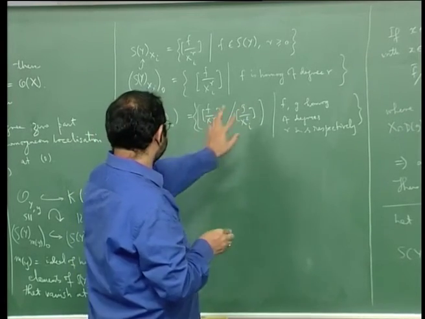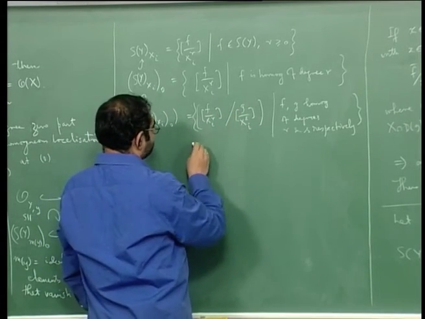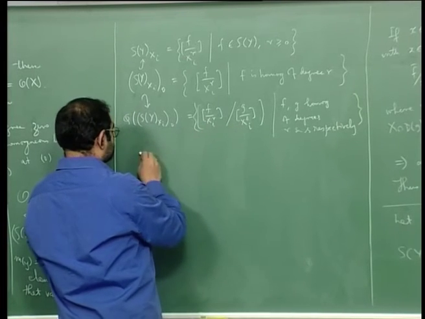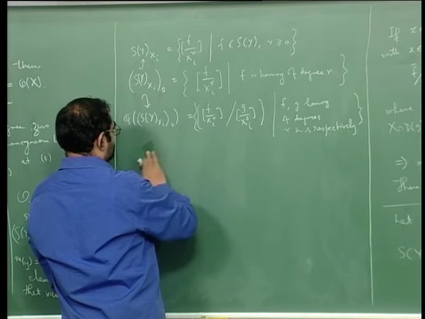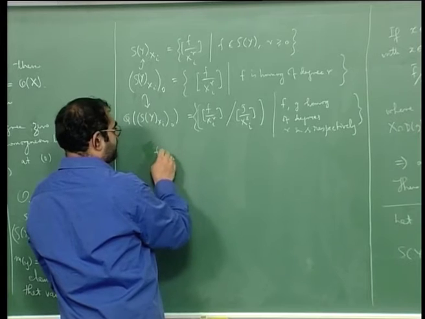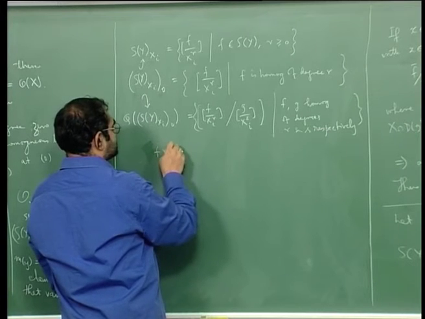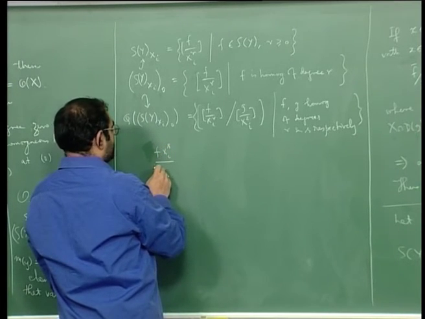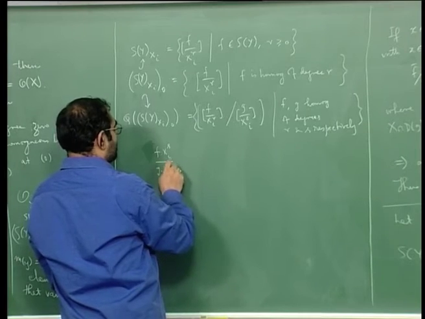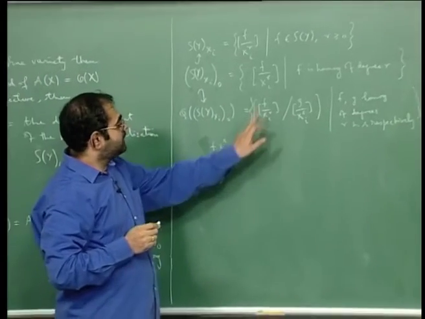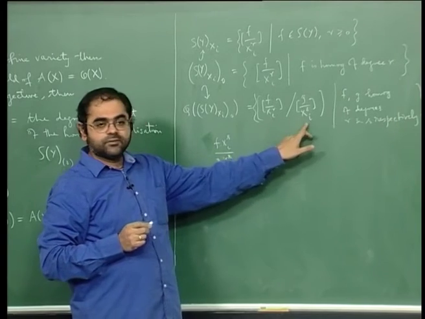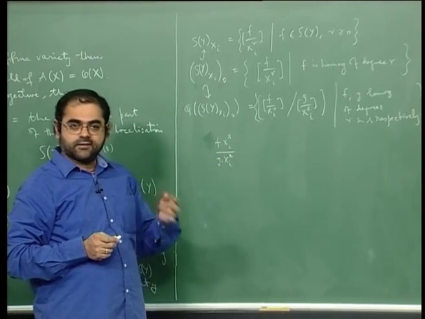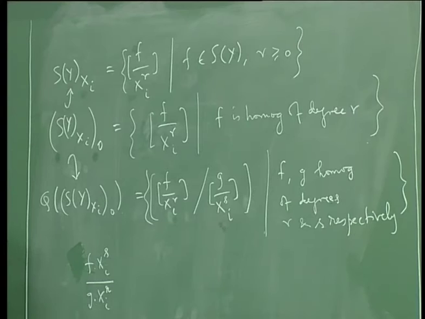And what you can understand is that I can identify an element like this with the element f times x_i power s by g times x_i power r. Okay, this, if you just divide these two very naively, this is what you will get.